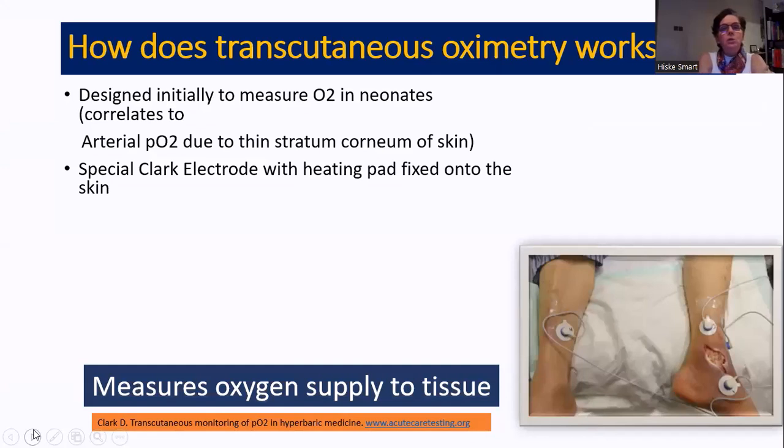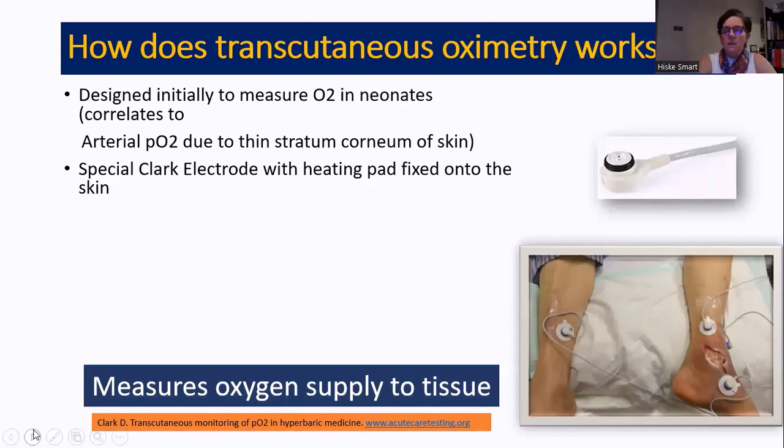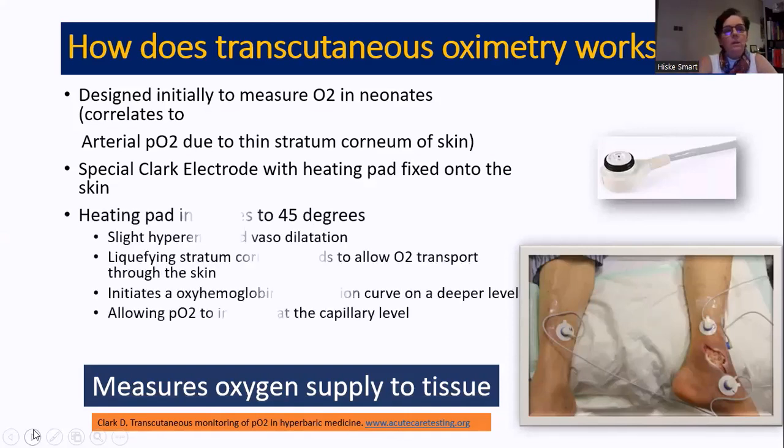Initially, it was used in neonates to correlate their arterial PO2 values and see if they are properly oxygenated, because their stratum corneum is so thin. We are using a special Clark electrode with a heating pad fixed to it, and then it comes into a seal-tight ring that is then attached to the lower limb.